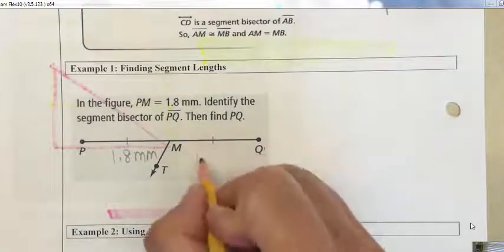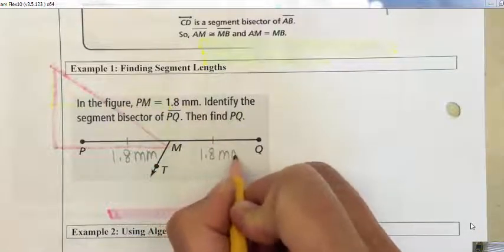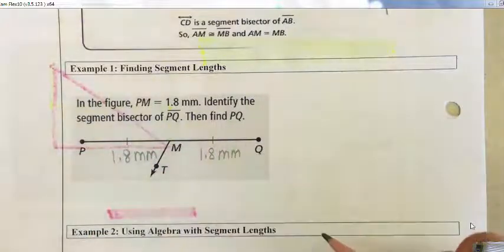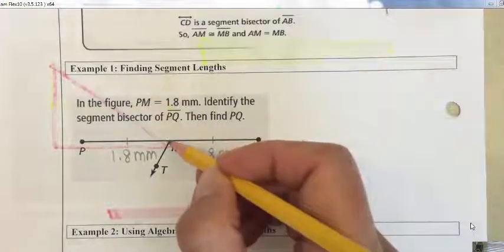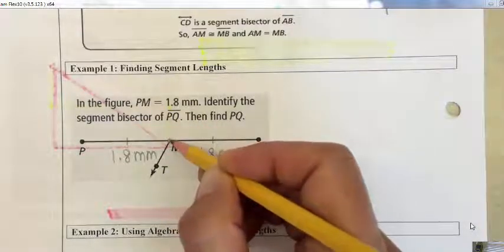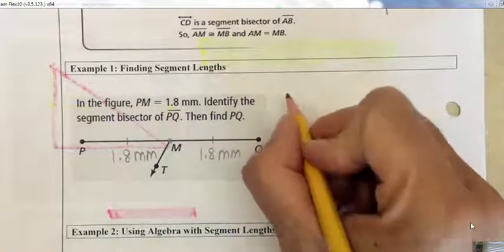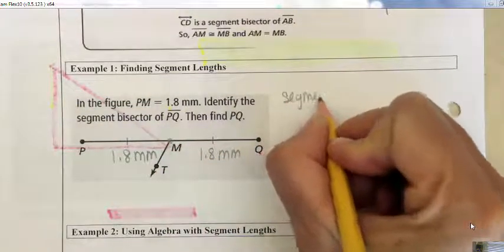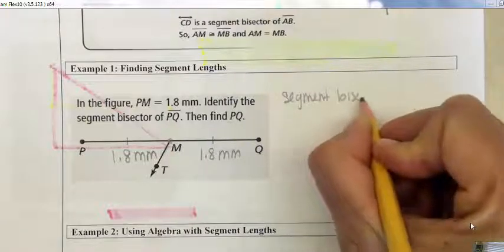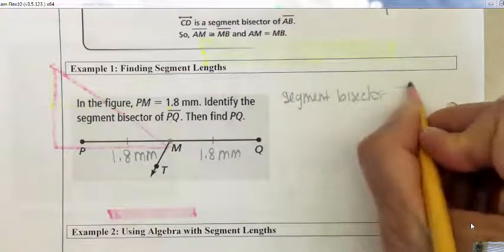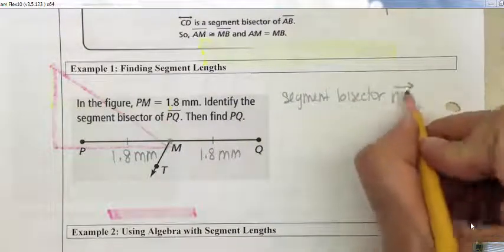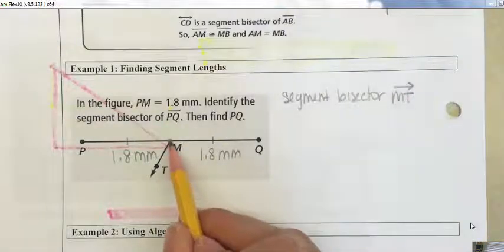So I'll go ahead and write 1.8 millimeters because those tick marks tell me that they are exactly the same. So the thing that's bisecting them, well, point M is in the middle, and I've got this ray sticking out, right? So I can say that the segment bisector is ray MT. Remember, a ray, you got to use the endpoint first.